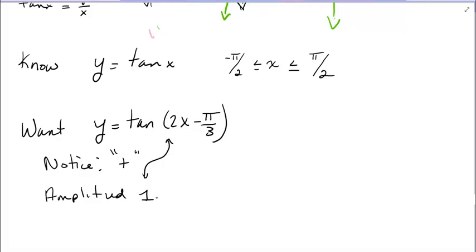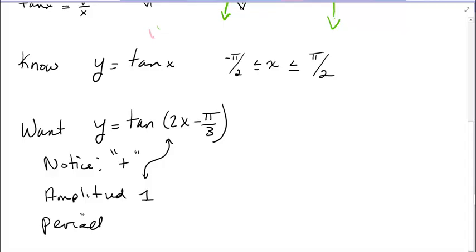We need asymptotes. All right, easiest way to figure out your asymptotes. We know the period has changed. You've got to be careful because your period still uses that b value, which is 2. That's going to impact your period.